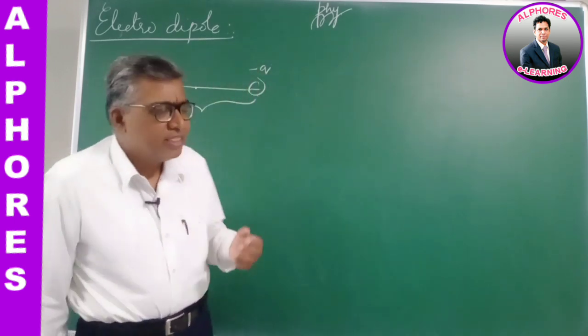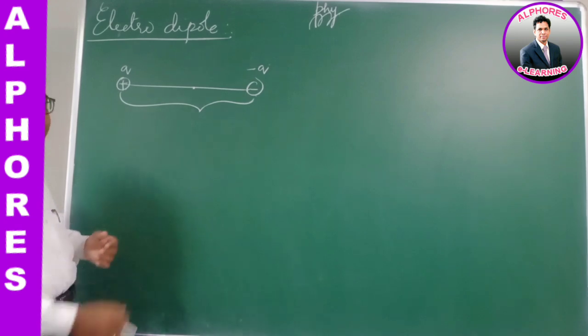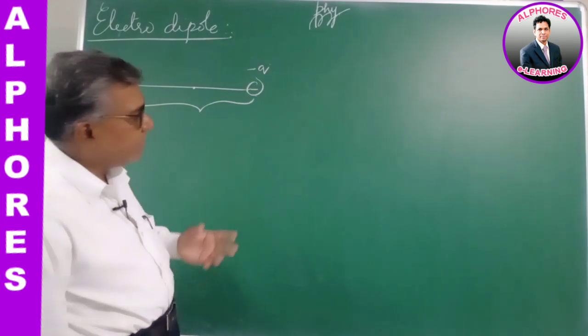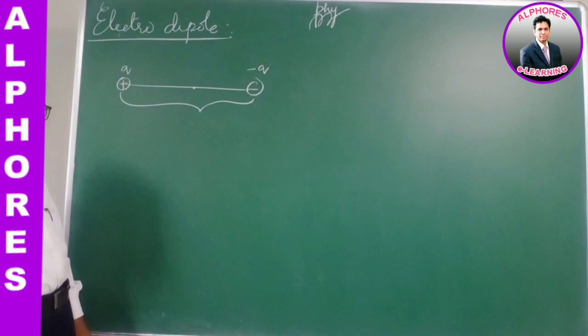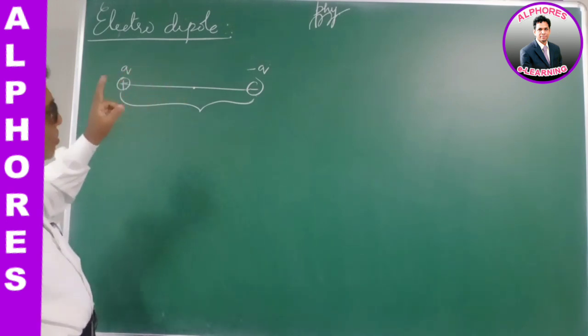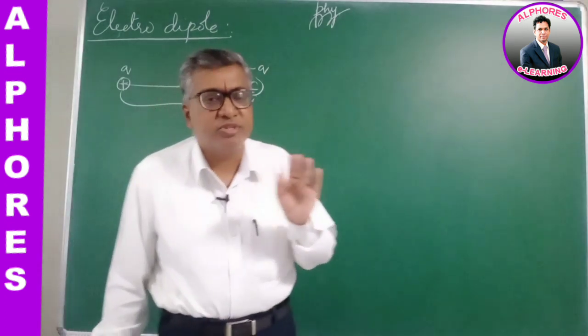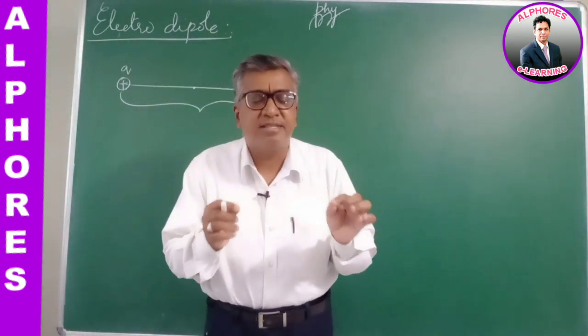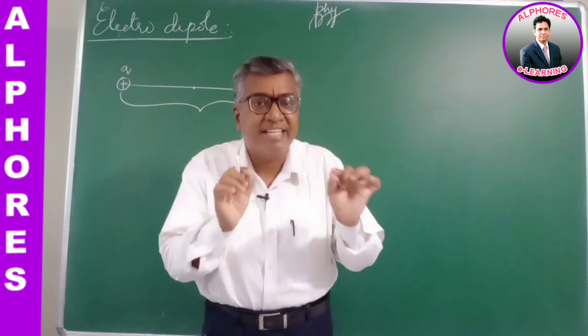So in nature we come across certain things that behave as electric dipoles. An electric dipole is a combination of two equal and opposite charges separated by some small and definite distance.